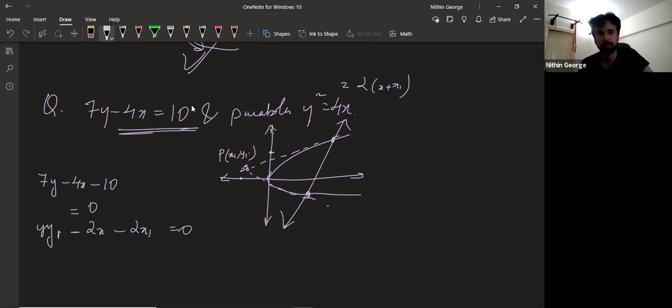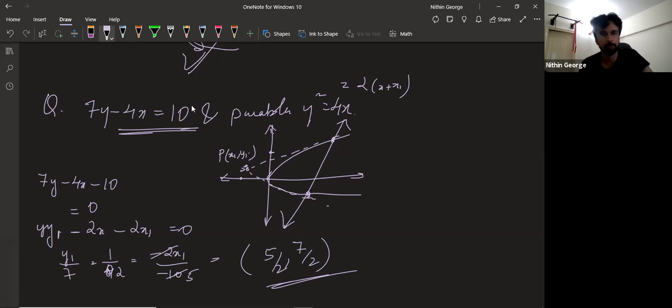Both are the same line. So y1 by 7 equals minus 2 by minus 4 equals minus 2x1 by minus 10. So y1 is equal to 7 by 2 and x1 is equal to 5 by 2, and this becomes the point of intersection. Any doubts here?